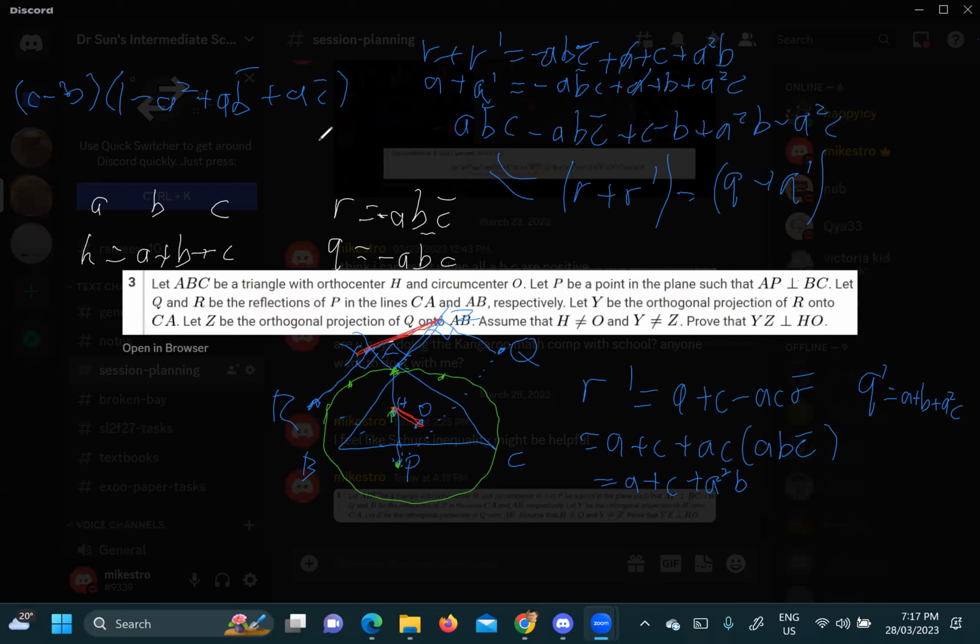What did I do? C bar. At some point you could also even set A equals 1.